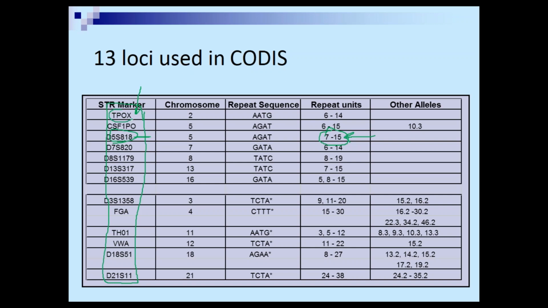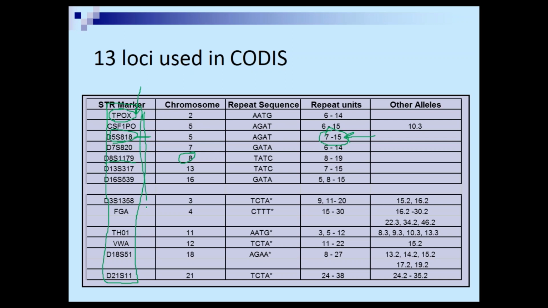Sometimes they have a weird name like TPOX, which means the T-POX is probably an abbreviation for the gene that it happens to be in. All right, if it's listed, you'll notice a lot of them start with D and a number. D8S1179 means it's on chromosome number 8, the D8, and the 1179 refers to, I think, the 1179th location described in the scientific literature or something like that.